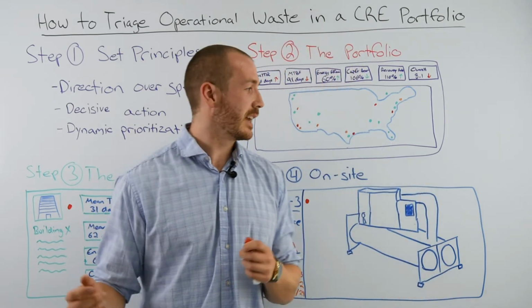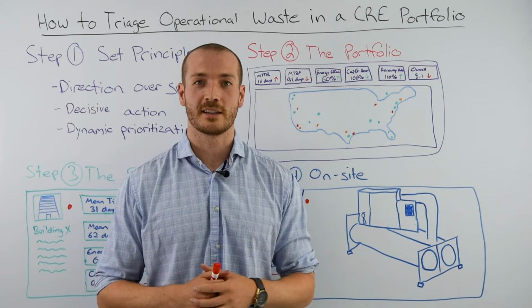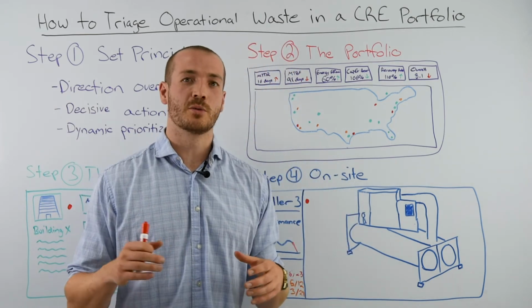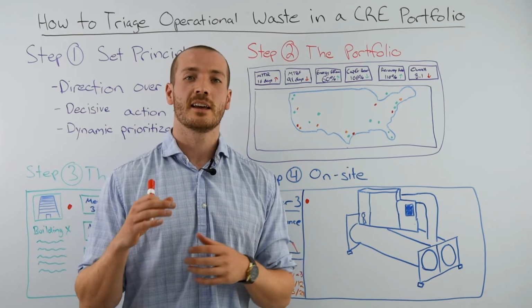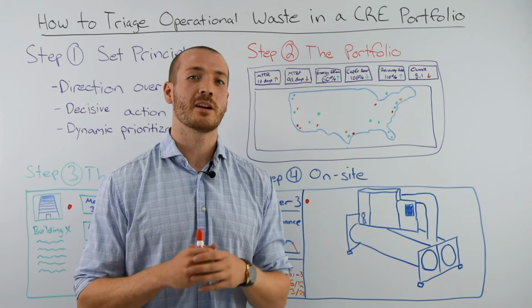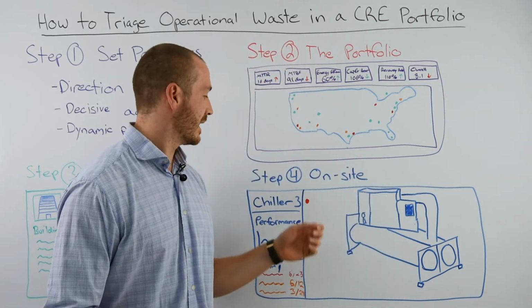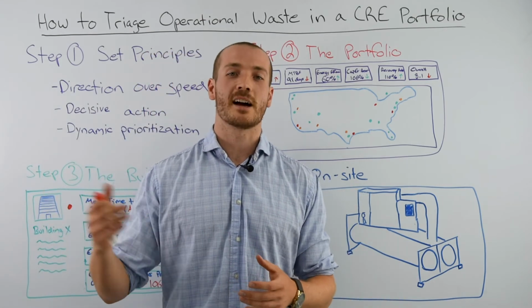Now, we want to lean on the operations manager to understand where that maintenance waste is occurring. He should be able to look at all the pieces of equipment and understand exactly which pieces of equipment are driving that waste. Say we identify that chiller number 3 is the outlier here.